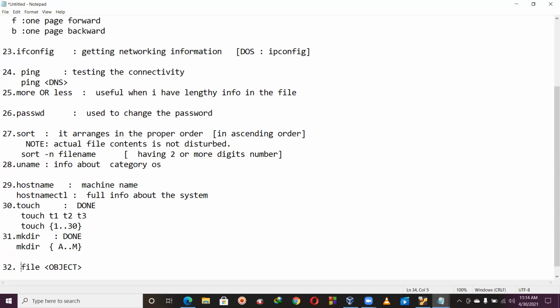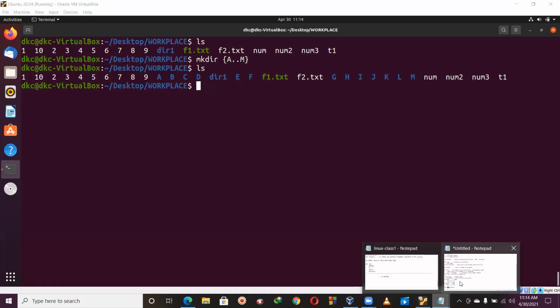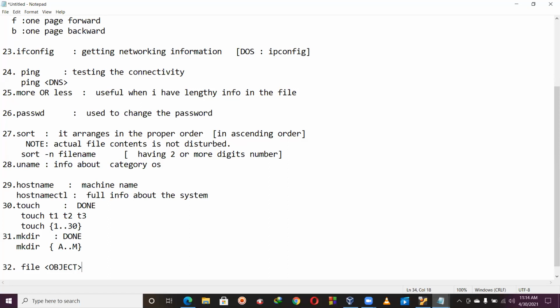So you use the file command just to know the basic information about that object. It displays the type of that object. Okay, that's all.